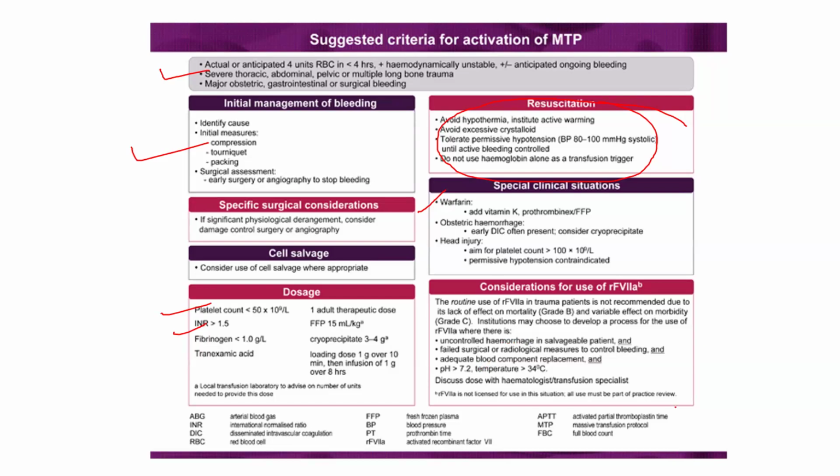I have told you earlier also, there are by and large no guidelines for the use of recombinant factor 7. It should only be given when all the other parameters are taken care of and all the other products have been used.